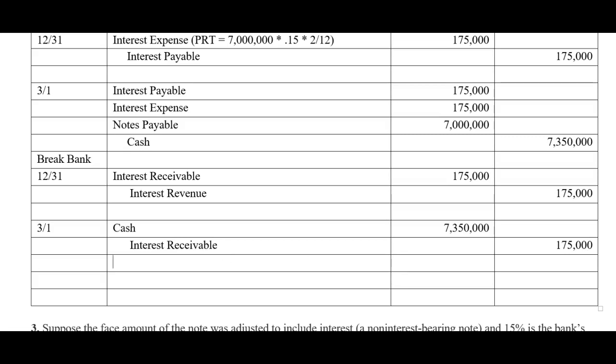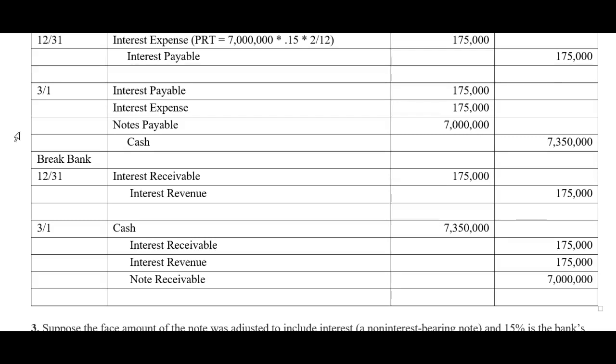Then we're going to hit the interest revenue for the current year's amount, $175,000. And then the last thing we have to show is that they are receiving the payment, we're paying because we're Greenwald, so we have to get rid of the balance in notes receivable because they no longer owe us that $7 million balance.